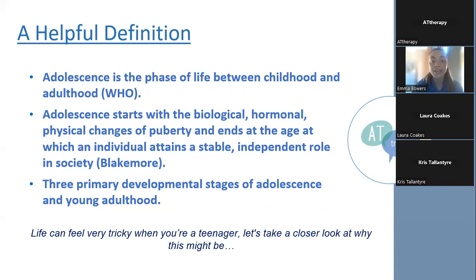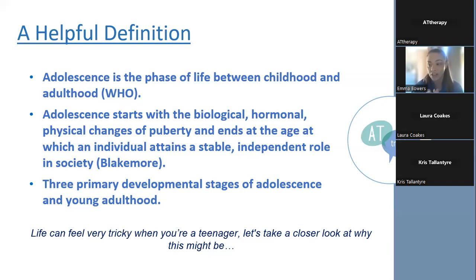Okay, so it can be really helpful to begin by defining what adolescence is. And there's been many researchers who have described this a lot better than I could, who have kind of summarized it as a phase of life between childhood and adulthood. I really like Blake Moore's description, starting with the biological, hormonal, physical changes of puberty and ending at the age at which an individual attains a stable, independent role in society.